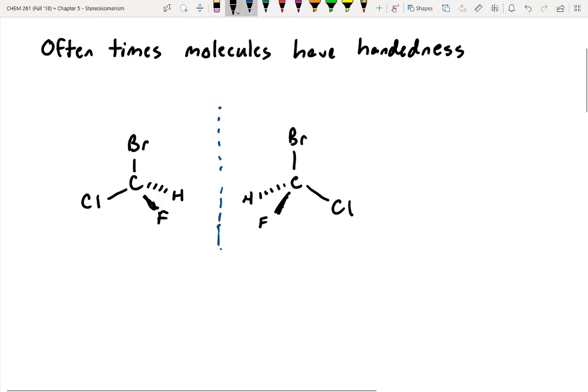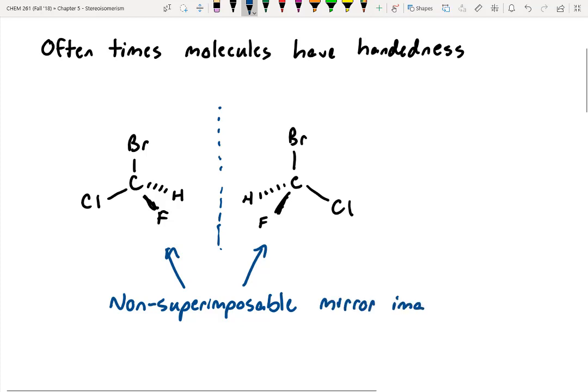So oftentimes when chemists are looking at chiral molecules, they say chiral molecules are non-superimposable on their mirror images. These must be chiral compounds or chiral molecules.